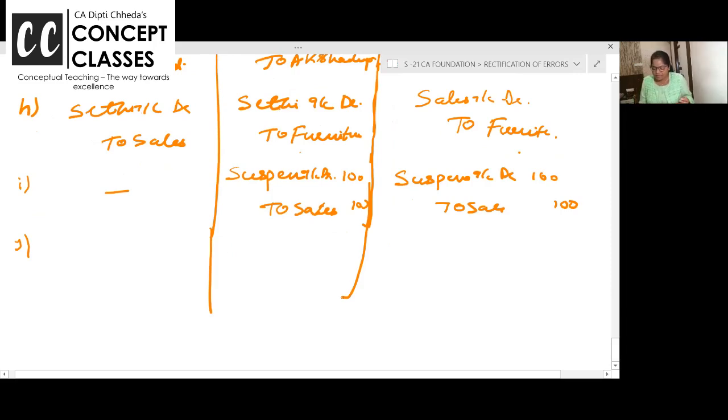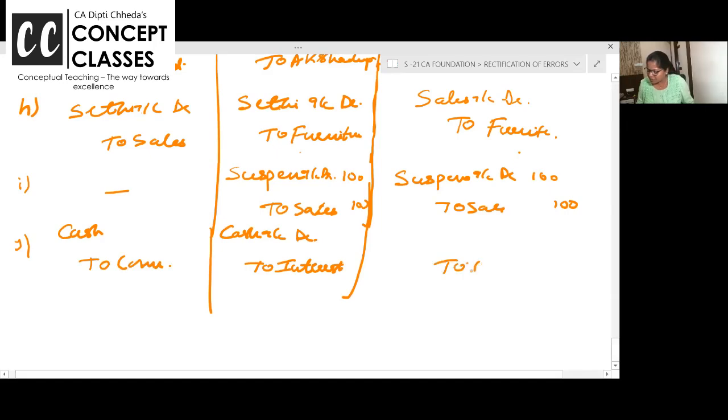So you have received interest. Okay. Cash account debit to interest account. You have received interest 80, but by mistake you wrote it as commission.